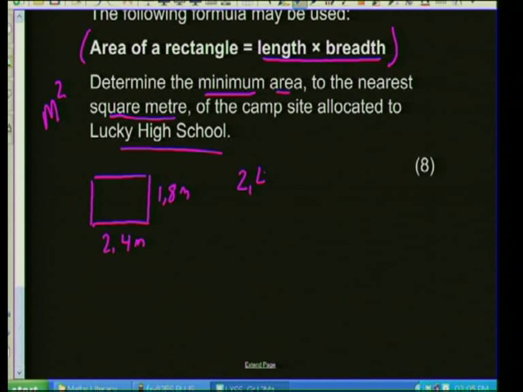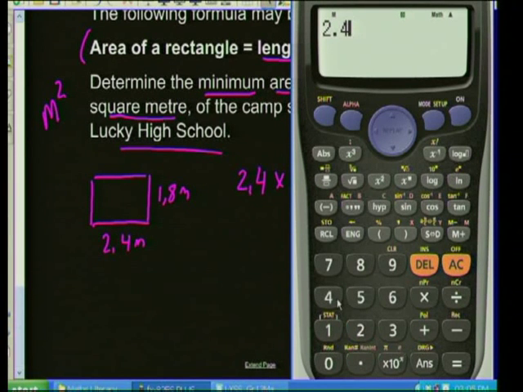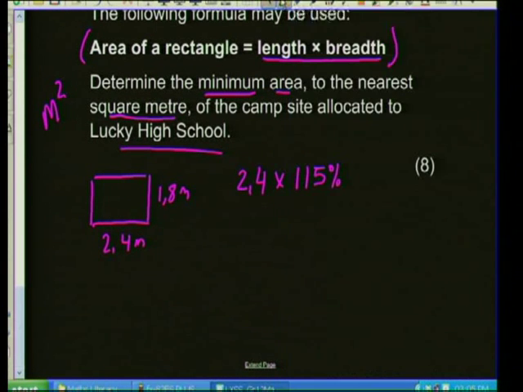So I'm going to say my 2.4, I'm going to increase by 15%, and I like to multiply by 100 and that percentage. So that's going to give me my increase. So 2.4 times 115% is 2.76. So we need 2.76 meters. And my 1.8, let me do this one the way that some of you would be doing it, and you can see it's easier to do in one step.